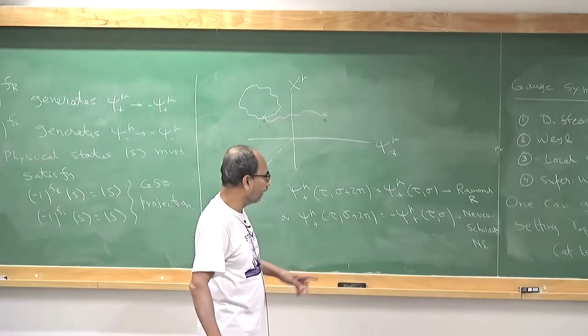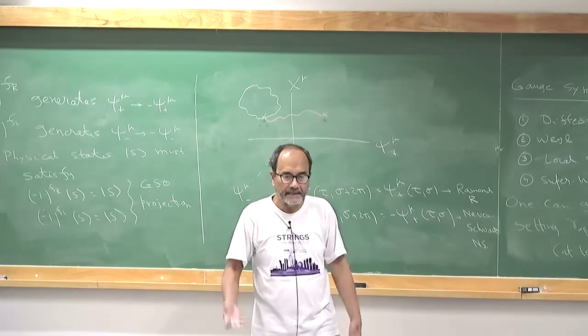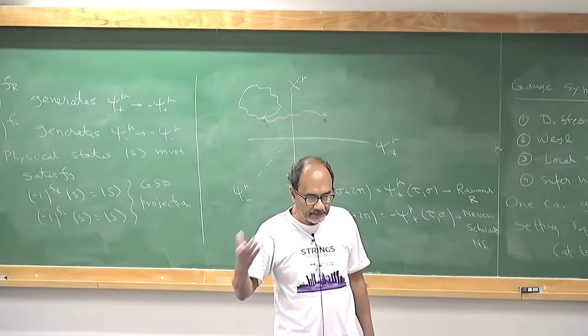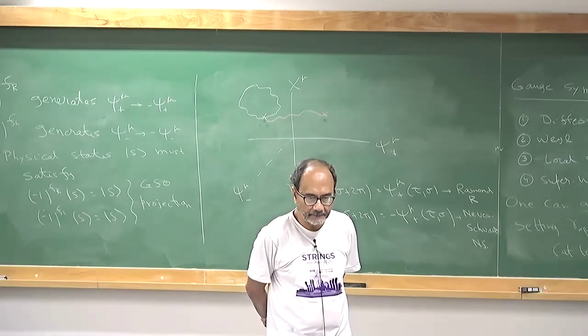In the Neveu-Schwarz sector, you can think of this as the analog of the winding sector, but in this Grassmann direction.